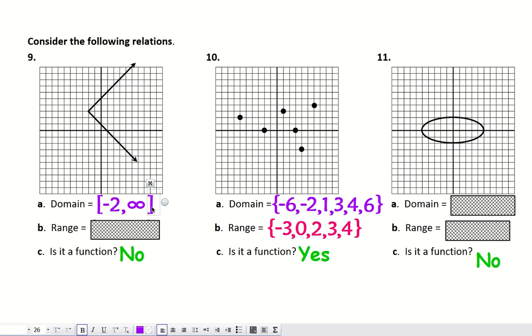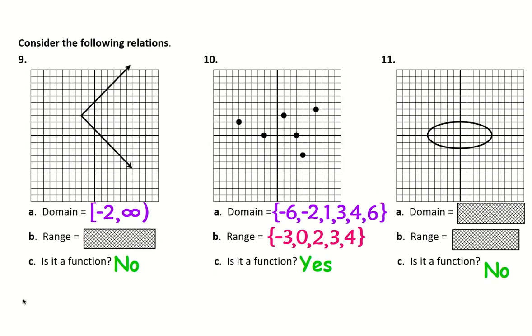Whoa, what in the incorrectness? Did I do that on purpose? To give you a chance for bonus? You never have a bracket on infinity or negative infinity. Because remember, brackets mean you are including that number in your set, and parentheses mean you are not including that number in your set, like that boundary.